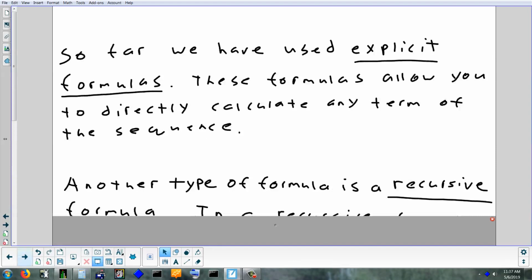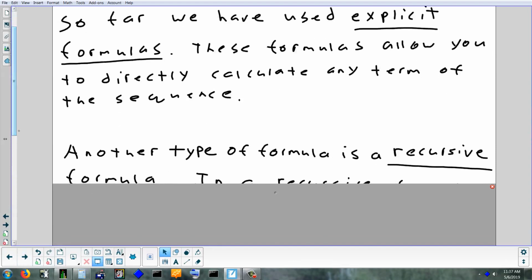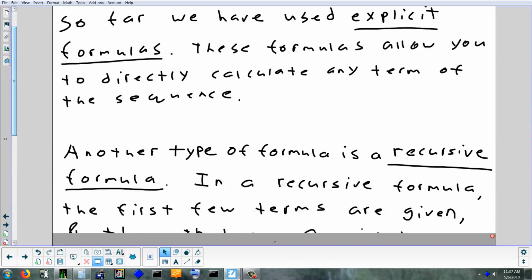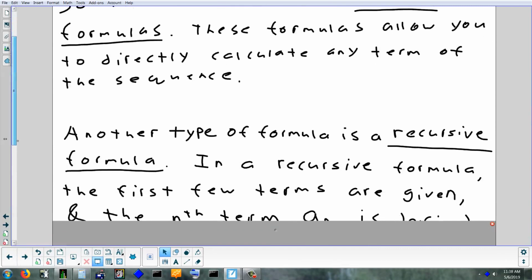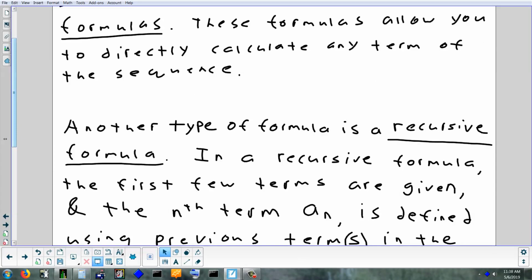If you have the kind of formula where to find the next term, you have to know the one before it, that's called recursive. That's a recursive formula. The way a recursive formula works is they will start you off with the first term, or sometimes even the first couple.